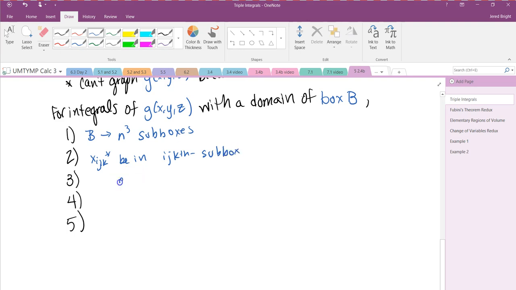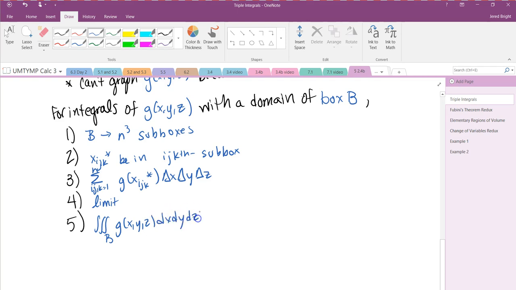And then we're going to look at the function value g of x_ijk star, so look at the function at that point, and multiply by delta x, delta y, delta z, and we're going to take the sum over i, j, and k from 1 to n of all those, and then we're going to take a limit, and then we're going to end up with the triple integral over box B of g of x, y, z, and then dx, dy, dz.